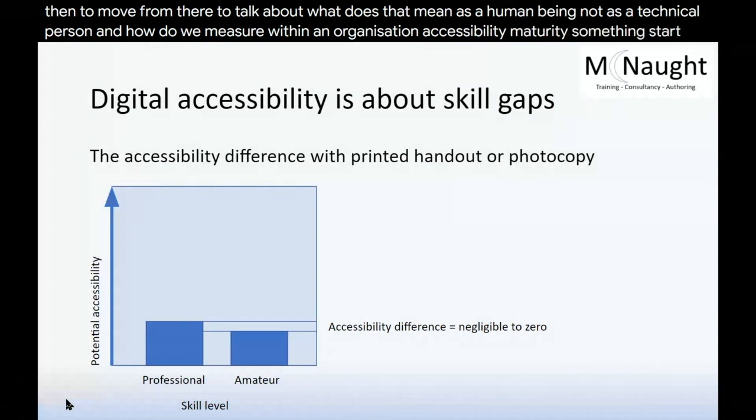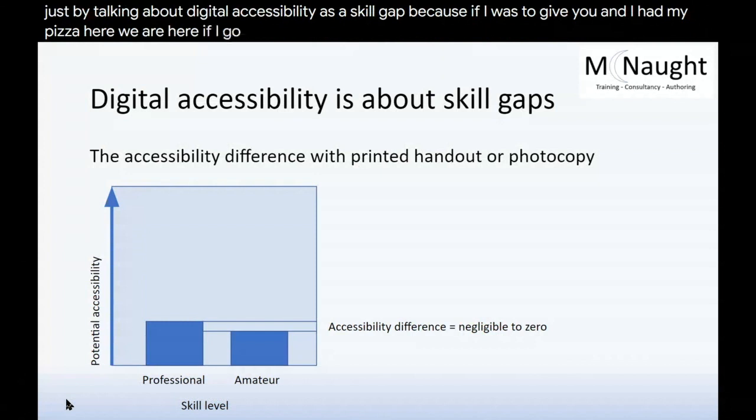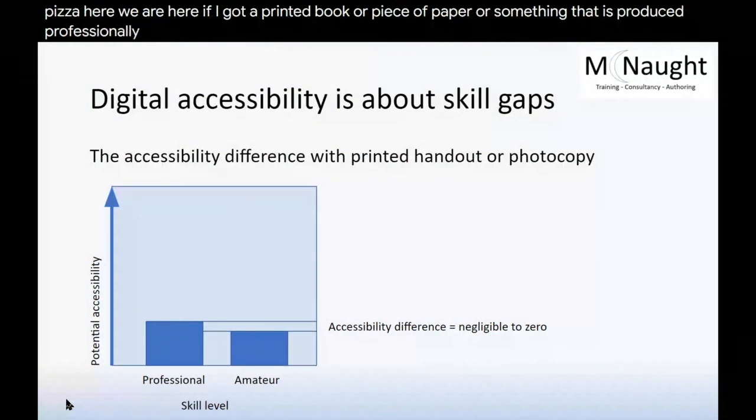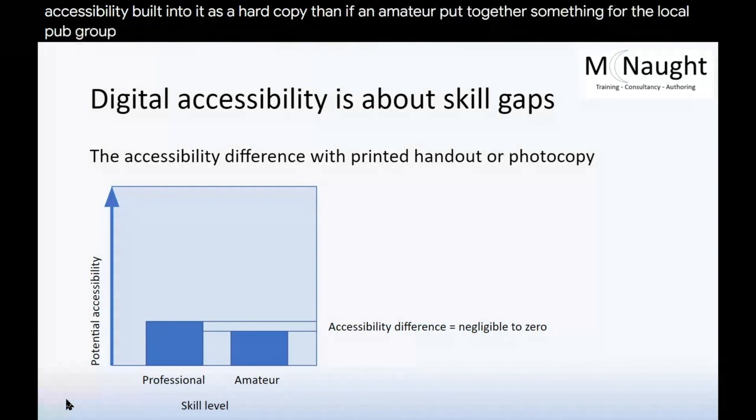I'm going to start off just by talking about digital accessibility as a skill gap. If I've got a printed book or piece of paper that is produced professionally by typesetters and all the rest of it, it doesn't actually have very much more accessibility built into it as a hard copy than if an amateur put together something for the local cub group, because I can't make that content change its size, change its font.